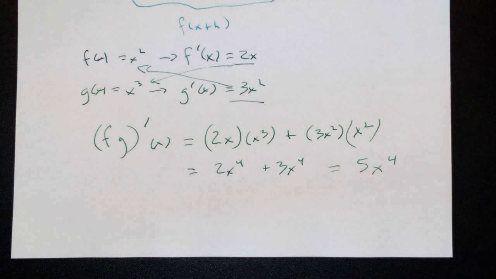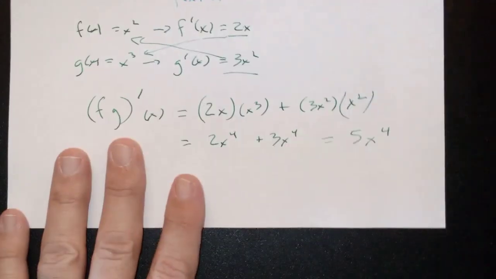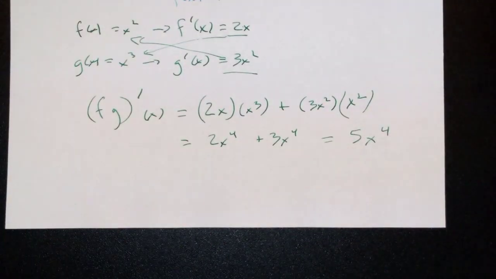In a paper from the 1700s, Gottfried Leibniz, one of the inventors and developers of calculus, has this picture. And this rule for taking the derivative of a product is known as the Leibniz rule, but I'll call it the product rule. That's easier to deal with.